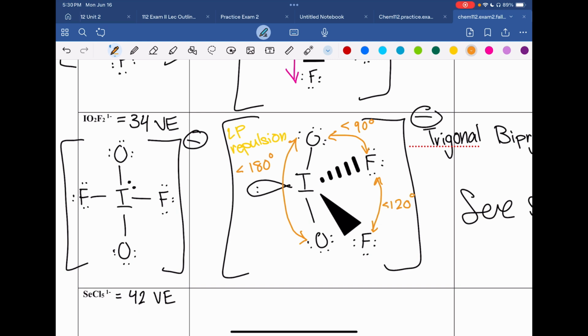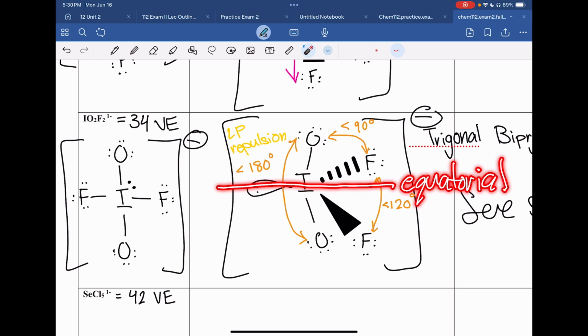Okay, so let me point out a few things. Your up and down is considered your axial. I don't know how to spell. Axial. Your horizontal is your equatorial.